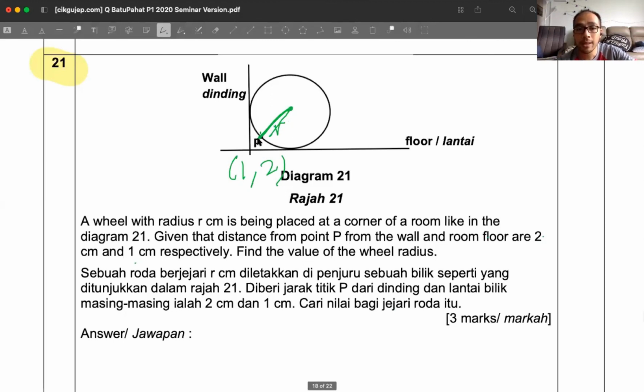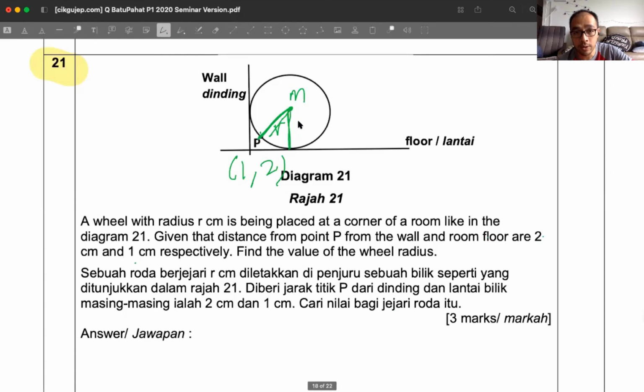That's the only information they give you, just the coordinate, and of course I know that this is the radius. Let's think about this. I'm going to call this point M now. From M to P, the distance is R. I don't know what the radius is, but I know that this one and this one are the same.